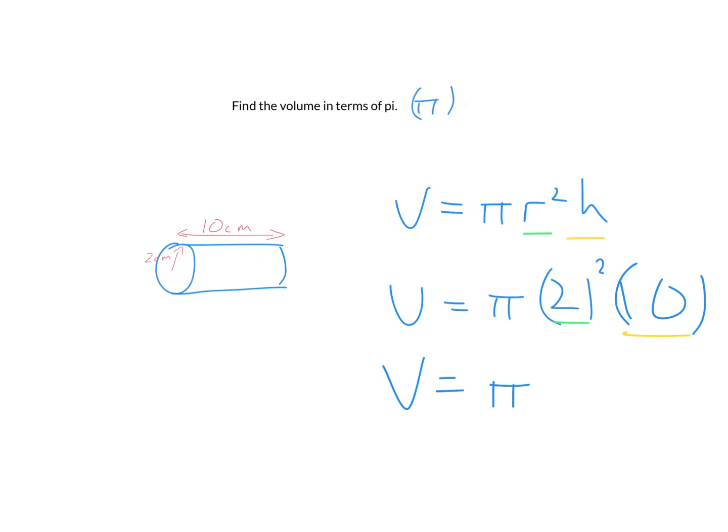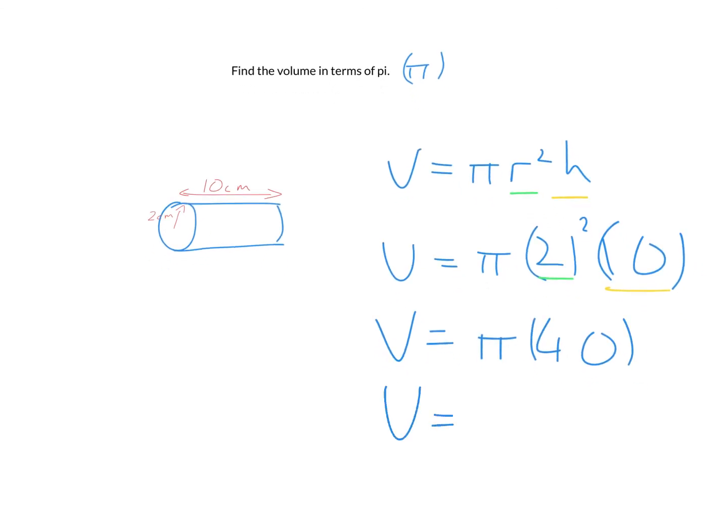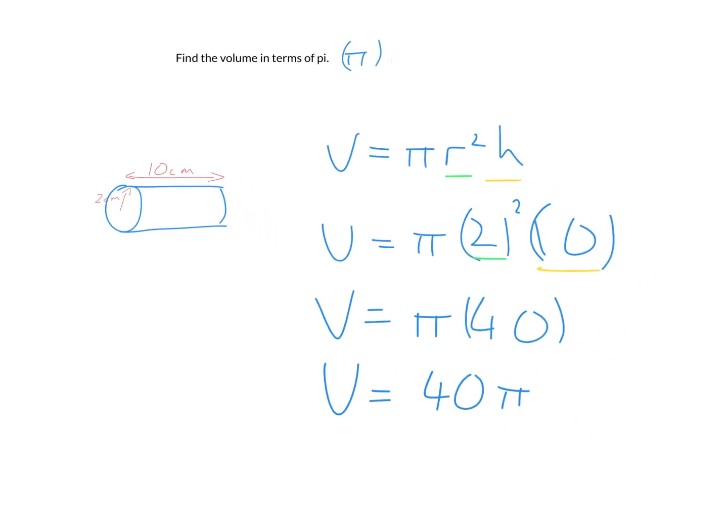Well, 2 squared is 4, multiplied by 10. So it's going to be pi times 40. And conventionally we write out the number before the symbol if we have a number multiplied by a symbol. So 40 times pi, we normally write out as 40 pi. And then we need a unit. So this was centimeters. We're going to write centimeters for our answer. And then because it's volume, we're going to put it as cubed.